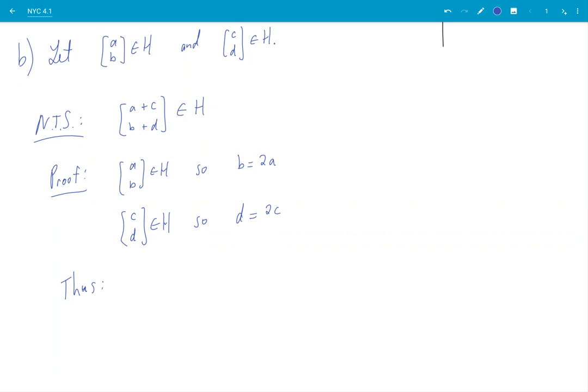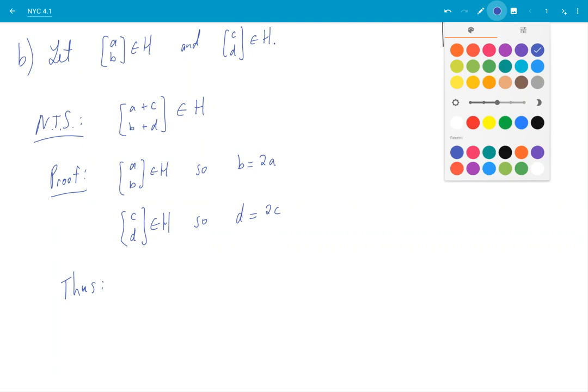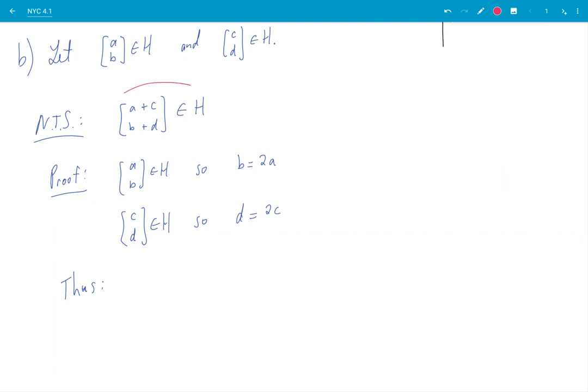Thus, remember now, I'm deep in my demonstration. I want to remember what I'm trying to do. I'm trying to prove this. So what I need to prove is that the second component is twice the first.